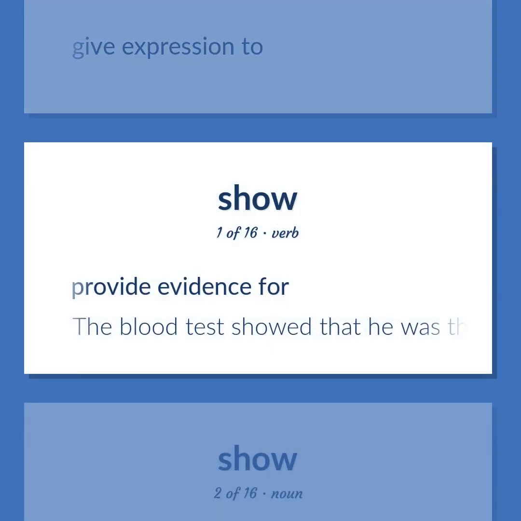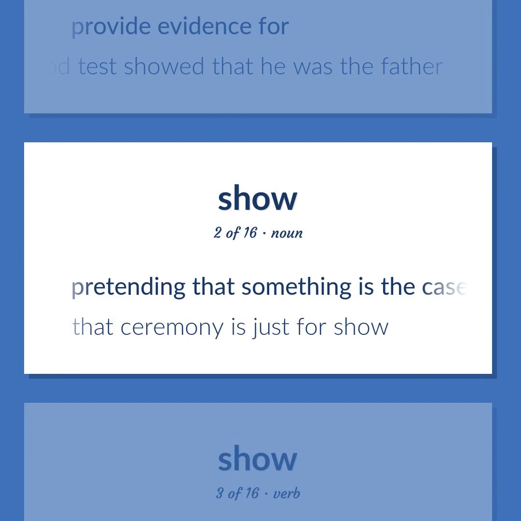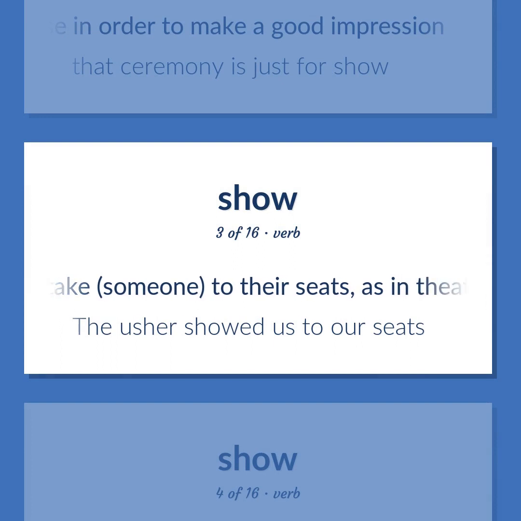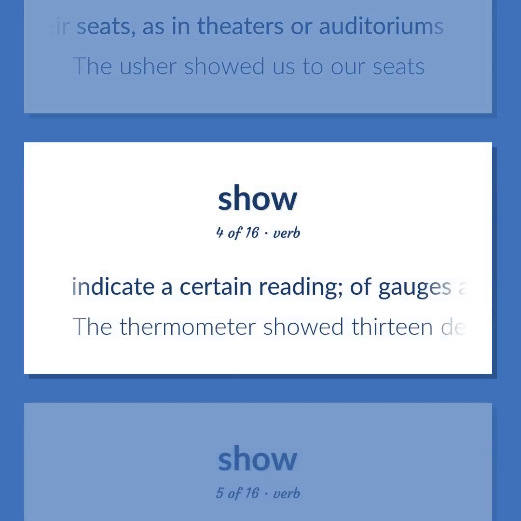Provide evidence for. The blood test showed that he was the father. Pretending that something is the case in order to make a good impression. That ceremony is just for show. Take someone to their seats, as in theaters or auditoriums. The usher showed us to our seats. Indicate a certain reading of gauges and instruments.